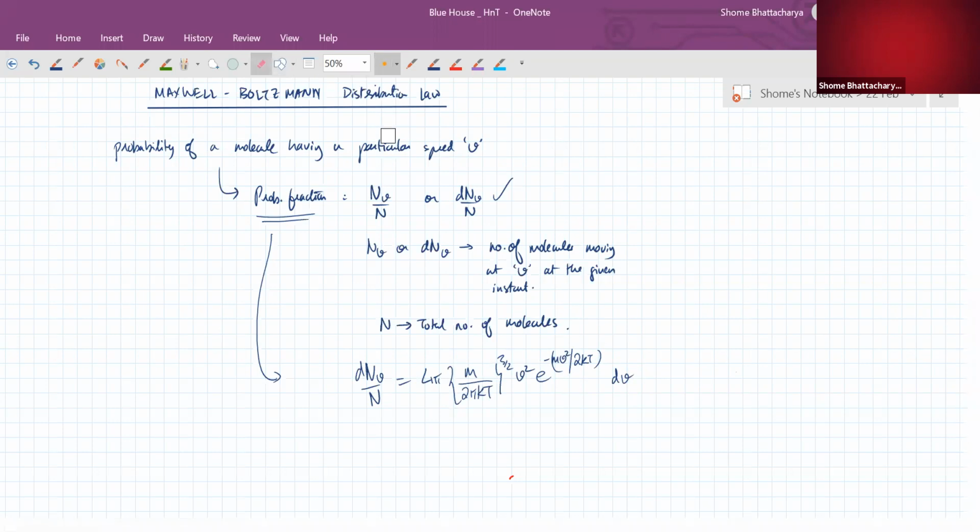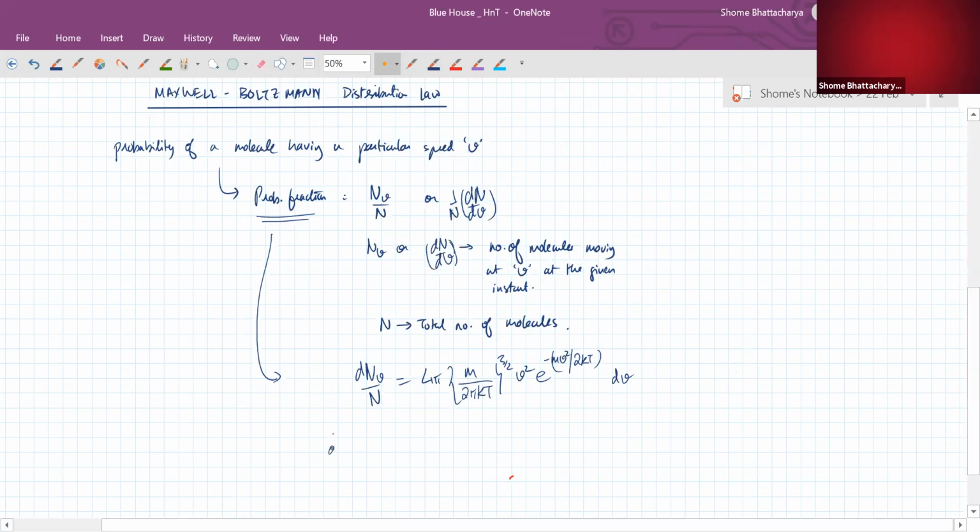So actually the proper way of writing this is not like this. This term is the same thing as 1 by N dN by dv, where this nv or dN by dv is the number of molecules which is having a velocity v at a particular instant.